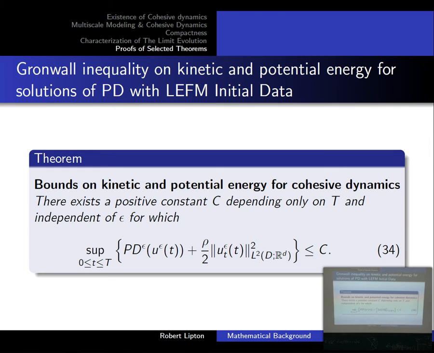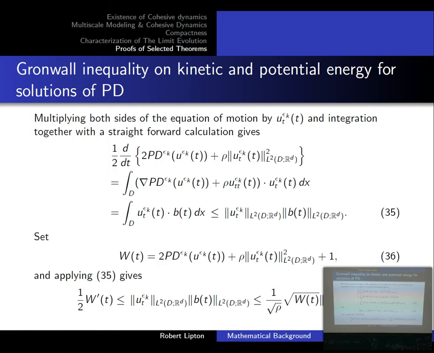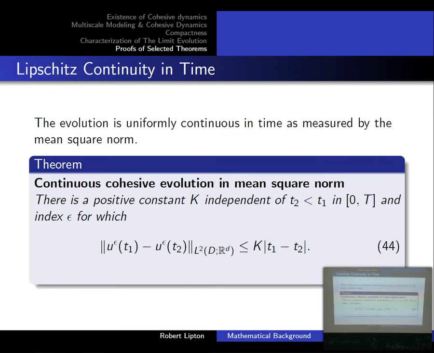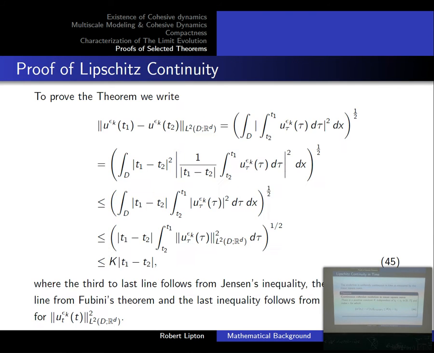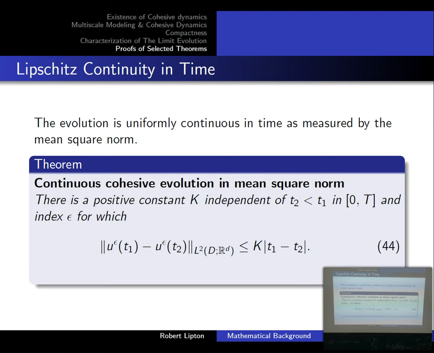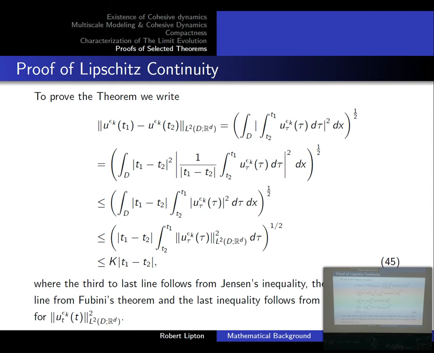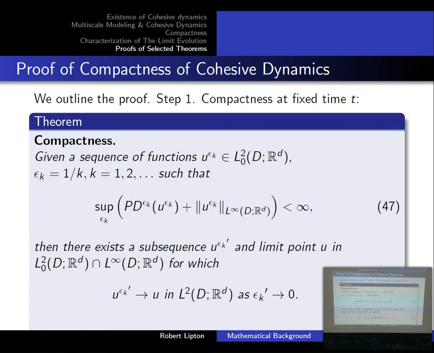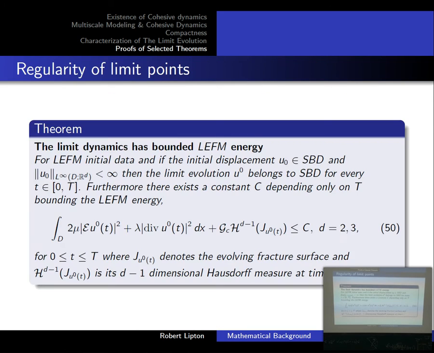So we have a uniform bound on the time derivative, and that comes from Gronwall. So we finally establish this. Because this is uniformly bounded, we get an extra power of t1 minus t2 there, and you get that. And the cool part is that K is independent of epsilon because we got this bound.